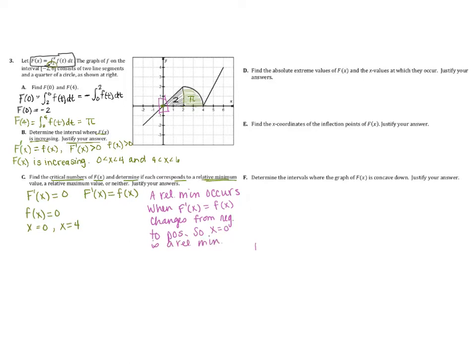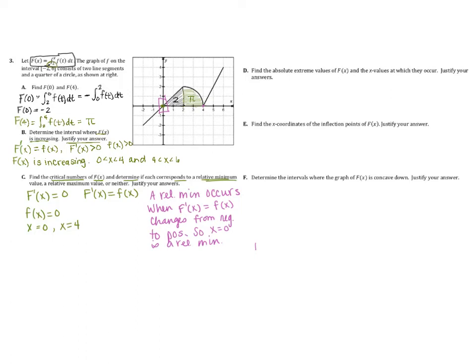Now, what about 4? Well, notice that even though f prime is 0 at 4, there's no sign change here. So we can go ahead and say x equals 4 is neither a relative min or max.